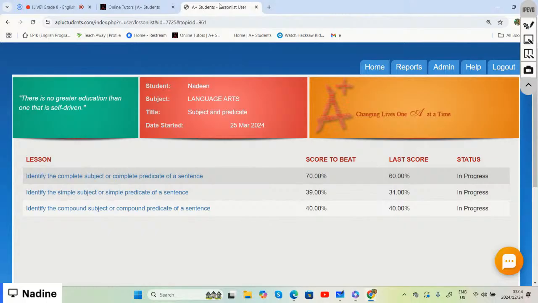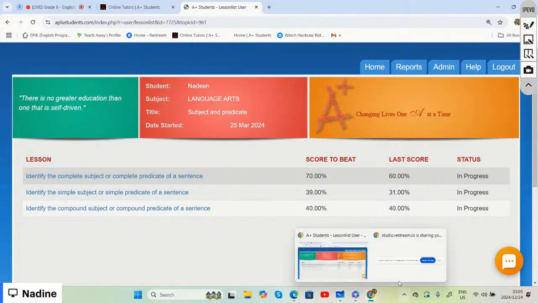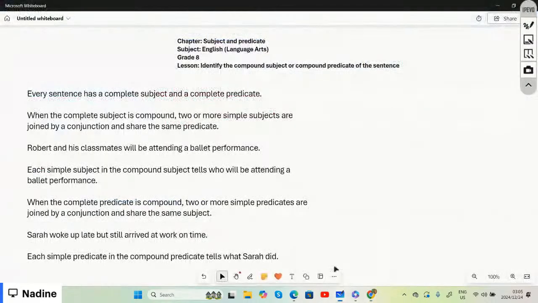All right. So this is a continuation of our previous lesson on subject and predicate. In our previous lesson, we had to identify the complete subject and complete predicate, and then we also had to identify the simple subject or simple predicate. But today, our chapter is subject and predicate.